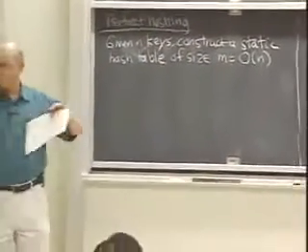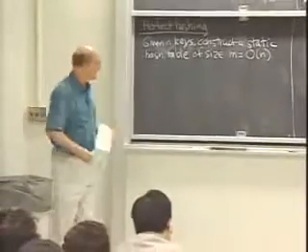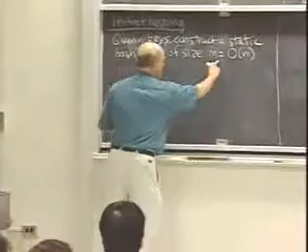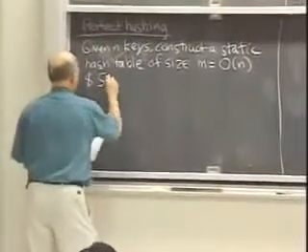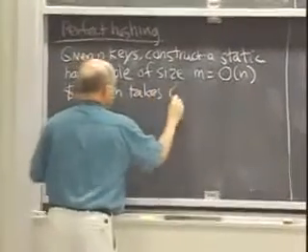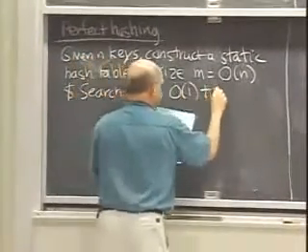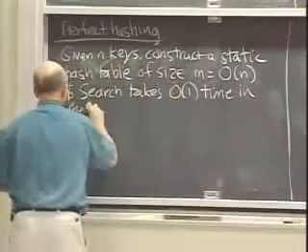I want it to be a table that is the size of my keys. A table of size m equals order n, such that search takes O(1) time in the worst case.